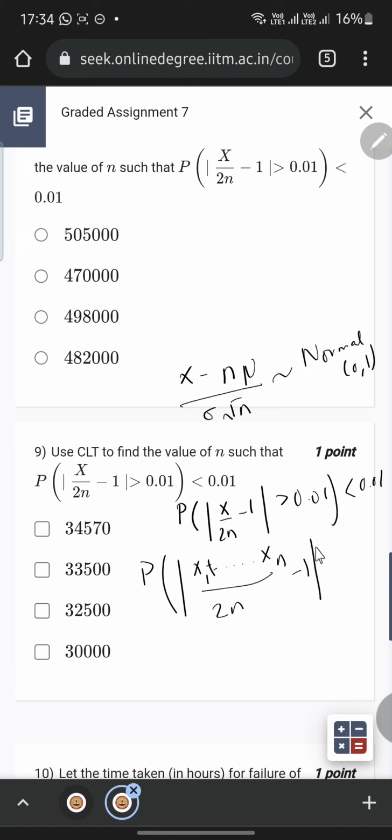Is greater than 0.01. Let me just use the notes here, it would be better there. Yeah, so right now, probability |x by 2n minus 1| is greater than 0.01. It's given like this.